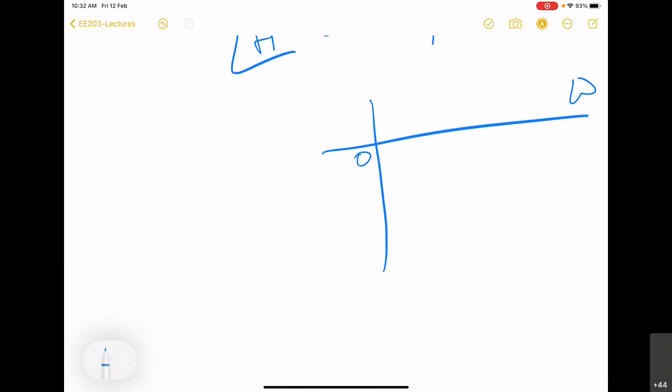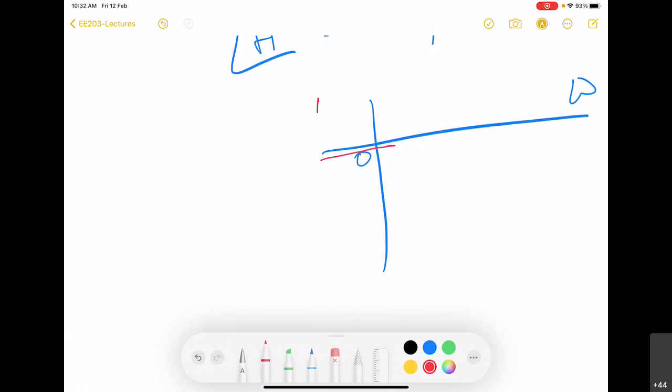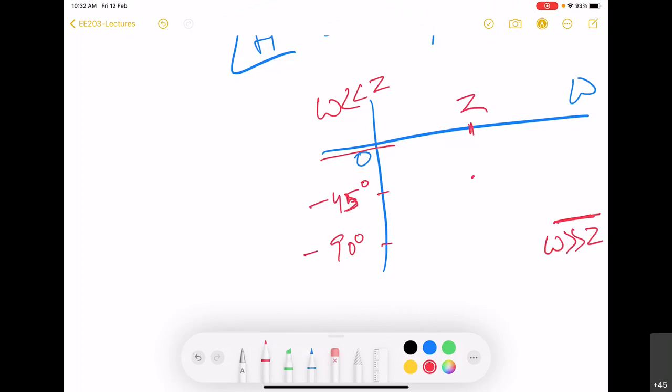So what we have found is phase is equal to 0 when omega is very small, and phase is equal to minus 90 degree when omega is very large. And for omega equal to z, phase is equal to minus 45 degree. So we know these three values.